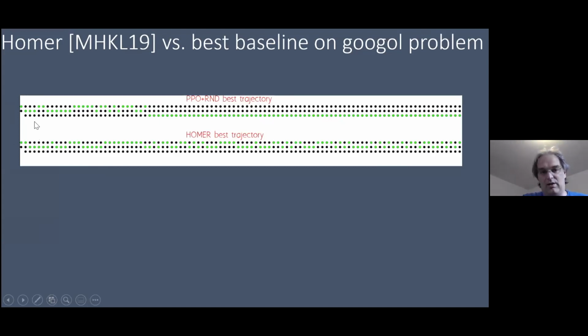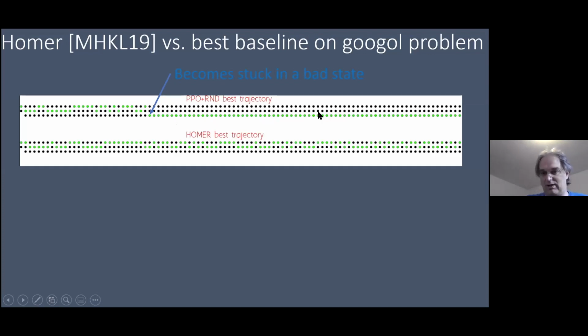And the best baseline we could find was using PPO as an optimization algorithm, and RND, random network distillation, to help address exploration. What you can see here is that even for the very best trajectory of the best baseline, it falls into the bad state relatively early, and there's no escaping the bad state.